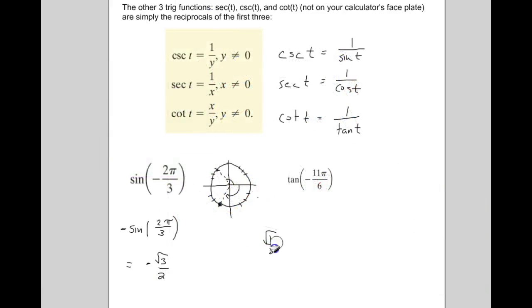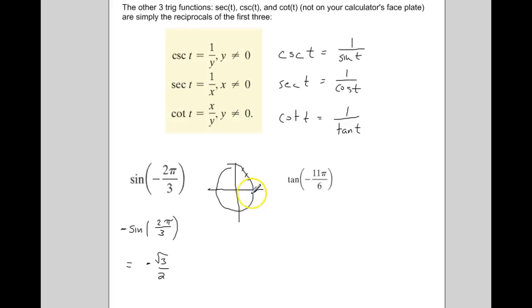Now, same thing for tangent, 11 pi over 6. So this time we're going to go down again, and remember, this is pi over 6, pi over 4, pi over 3, and we're going to go all the way around. But remember, this is 11 pi over 6.